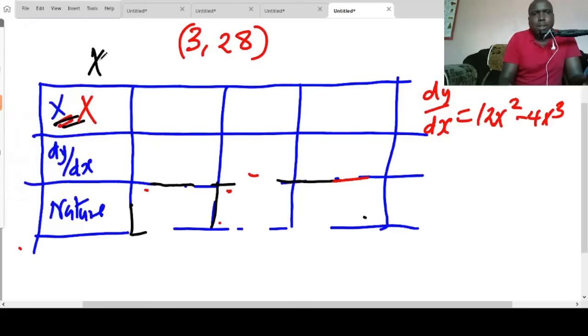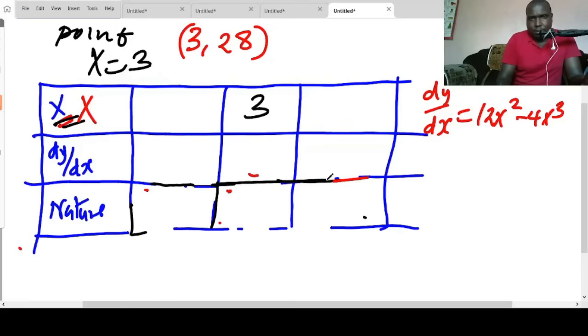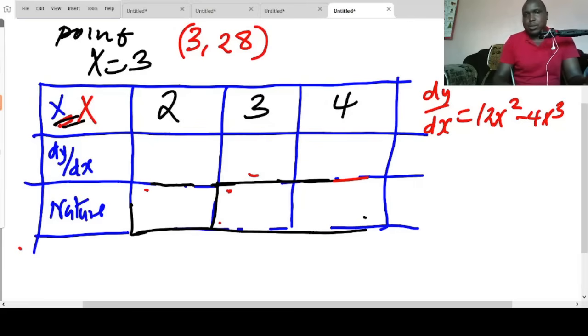So our value of x in this one, when the point is 3, 28, our x is 3. So hii ya katikati sasa ndio utaweka 3, the value of x. After doing that, tafuta namba moja iko left ya 3 and another number which is right of 3. 3 tunatoka 3 tunaenda 4. So hapa weka 4. Before tufike 3 tunatoka 2. So that is the number to the left.